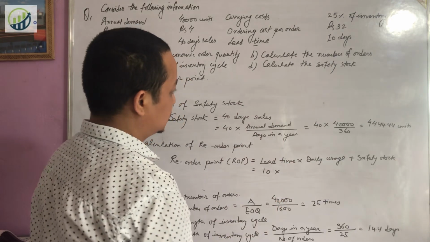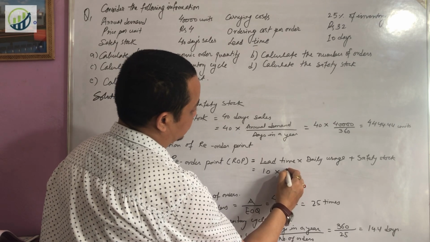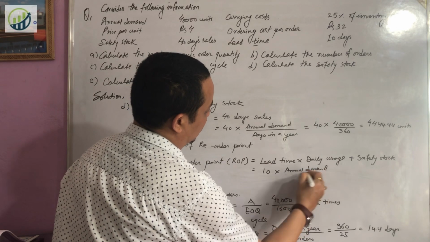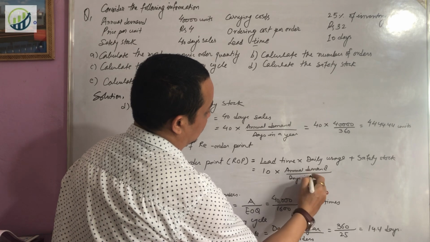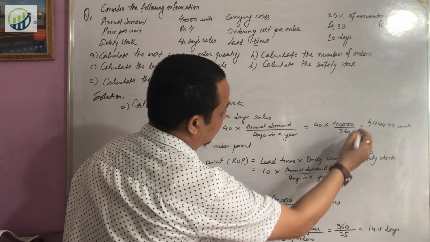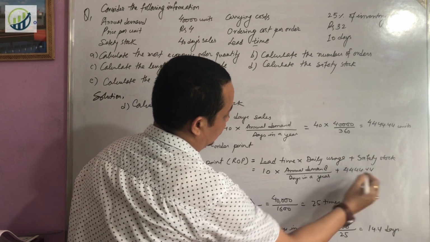So daily usage is annual demand upon days in a year, plus safety stock, that you have already found here, 4,444.44.